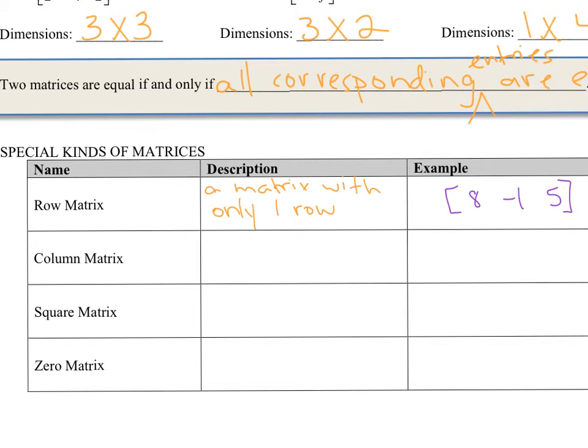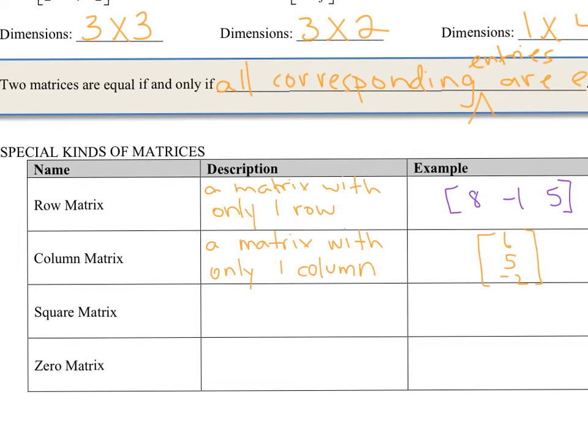That represents the row matrix. A column matrix is a matrix with only 1 column. And then the column matrix would be, again, it doesn't matter the numbers, the entry numbers. So 6, 5, and -2.